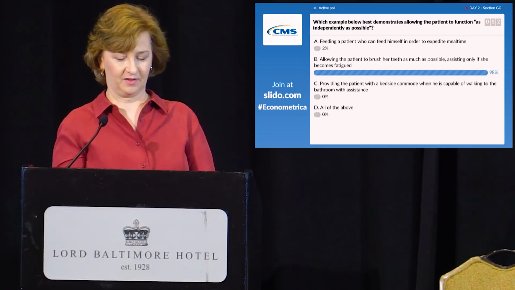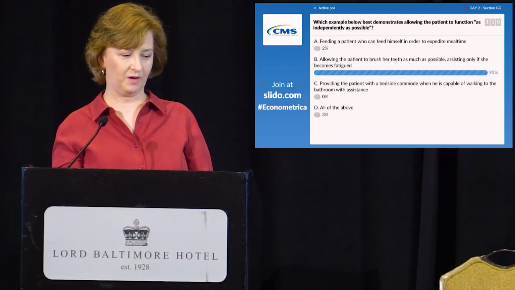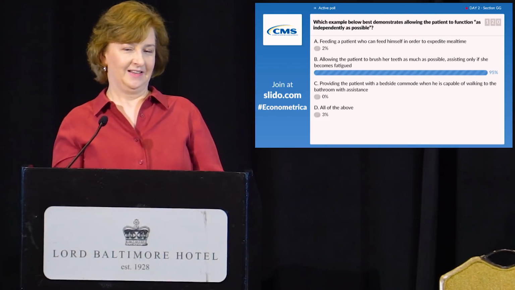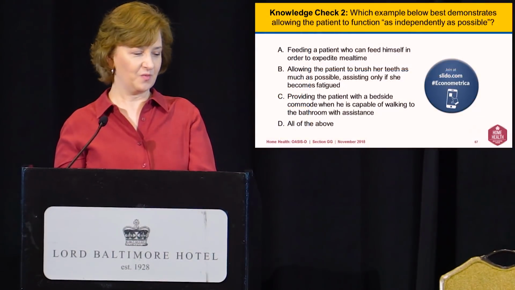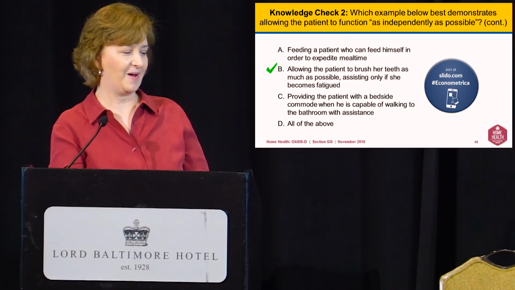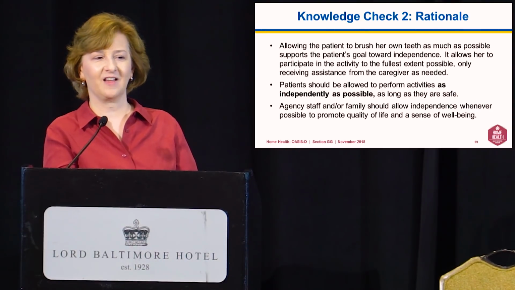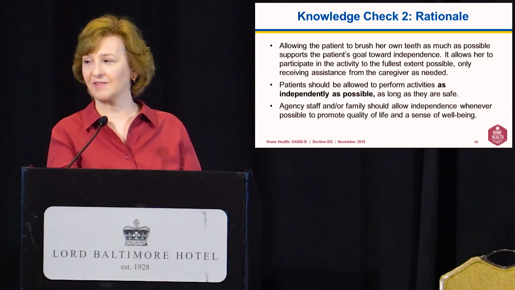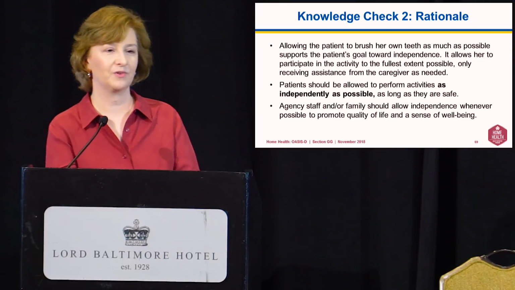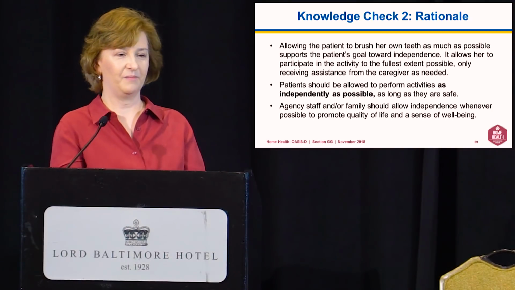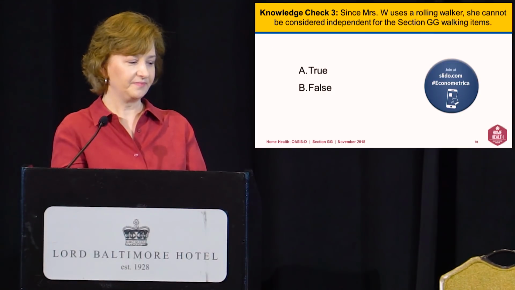So it looks like the votes are still coming in. There seems to be an overwhelming favorite. Okay, I do agree with the direction. B would be correct. So again, part of the assessments, it's important to allow the person to be as independent as possible in order to get a true baseline assessment of the person's ability. And so you were correct in the example that you picked.